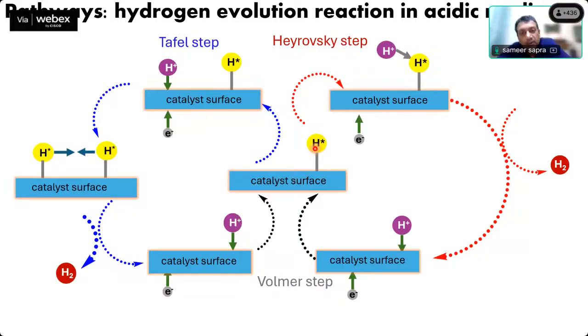Now you have this hydrogen, and it has to react with another hydrogen to get H2. There are two possibilities. One is that another H plus comes and sticks to another site. This is called the Tafel step. The second possibility is the Heyrovsky step, that somehow the H plus finds this hydrogen, which is already sticking.